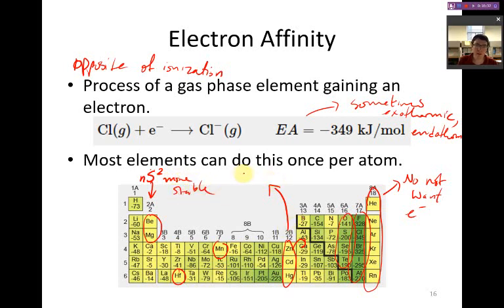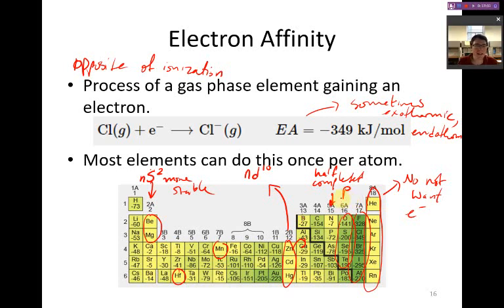This one has a completed nd subshell, so there are 10 electrons in the d subshell. Those are stable. This has a half-completed subshell, and so those are more stable than their counterparts. So we can understand a little bit of the rationale behind it.